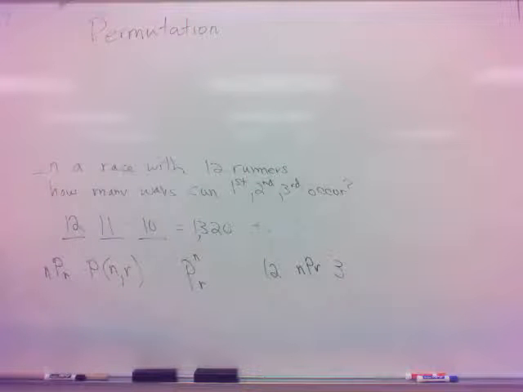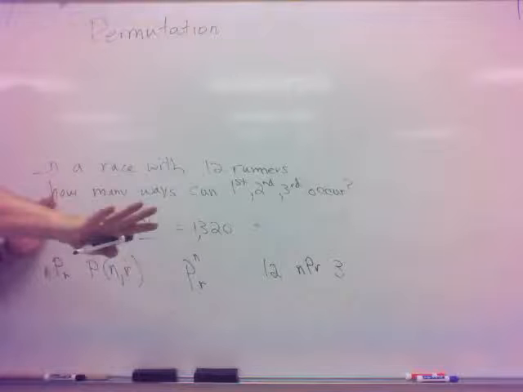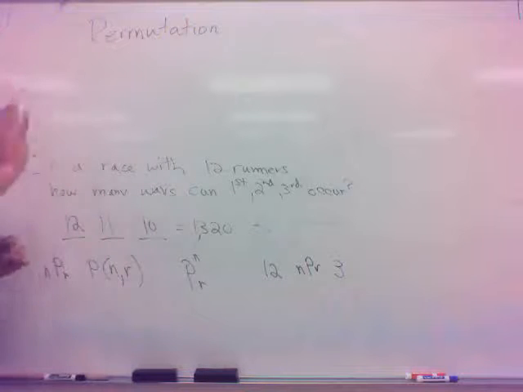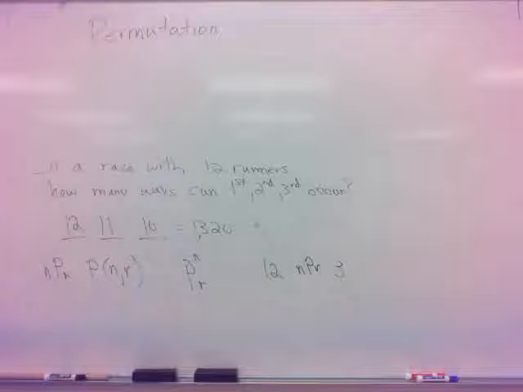But I like to call the permutation a partial countdown product. It can be the full one, but it's a partial countdown product because notice I did start counting down, I just didn't go all the way down to 1. So permutation can be thought of as a partial countdown product where you start at a number and start going down, but you don't go all the way down.